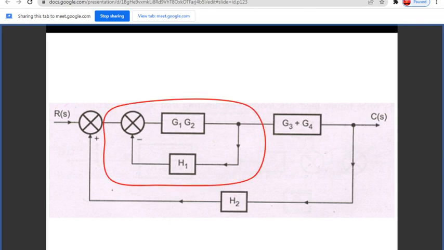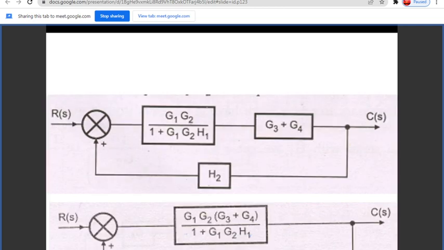As the rule of the negative feedback system, C by R is equal to G divided by 1 plus GH.